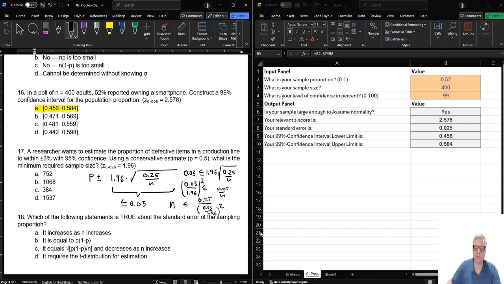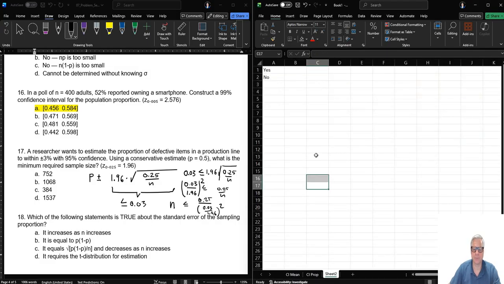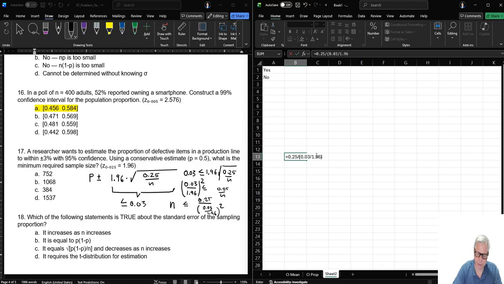Okay, so let's see what we get here. It equals 0.25 divided by 0.03 divided by 1.96, squared.